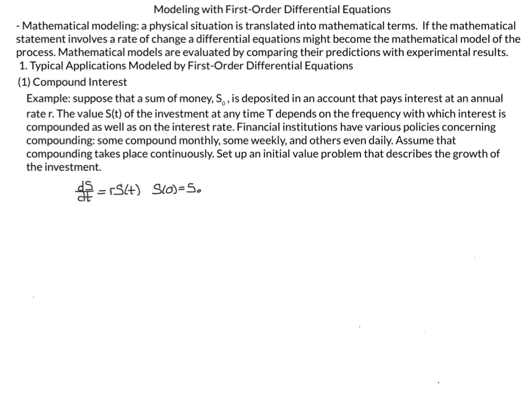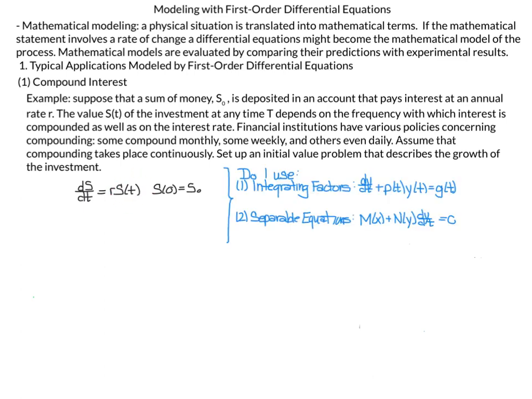So dS/dt is equal to our interest rate times the amount of money we have at time t. The question is, am I going to use integrating factors or separable equations? I have the two forms written here, but looking at this, I do have a first order linear differential equation, so I'll probably use integrating factors.